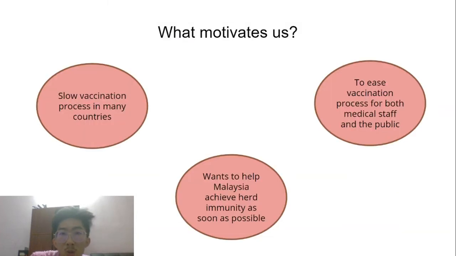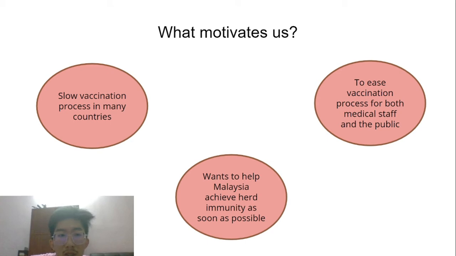Actually, we have to understand the reason that motivated us to do this program. As we all know, the vaccine to cure the COVID-19 virus has already been developed by some countries like America and China.